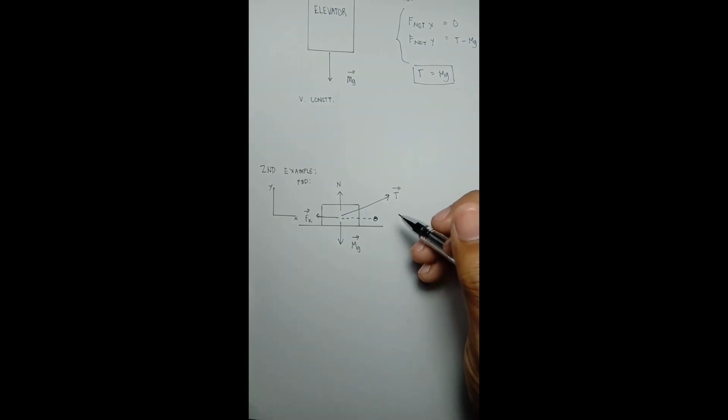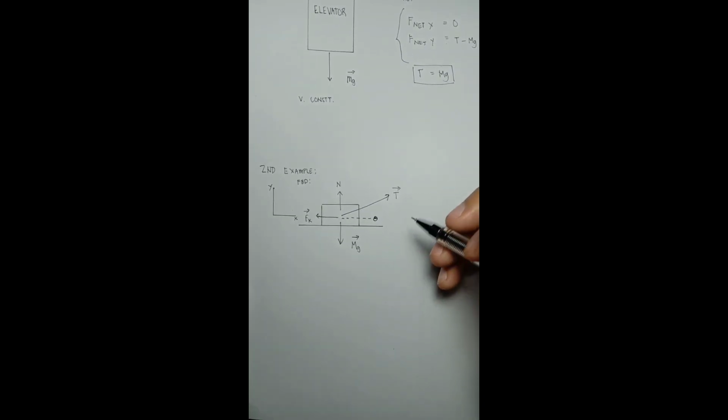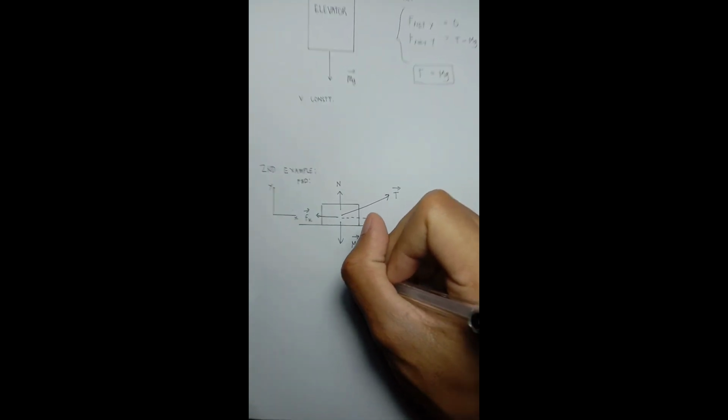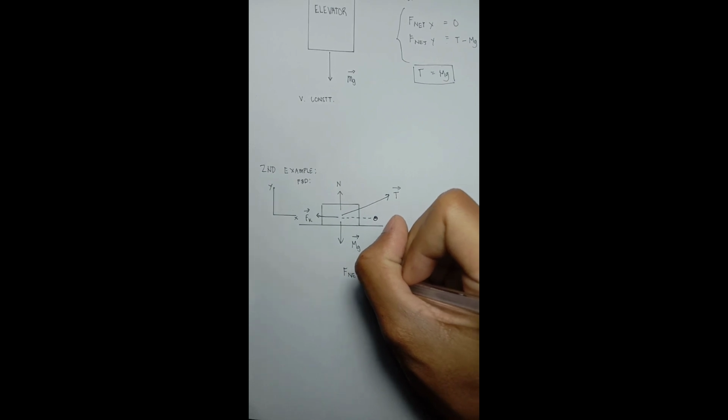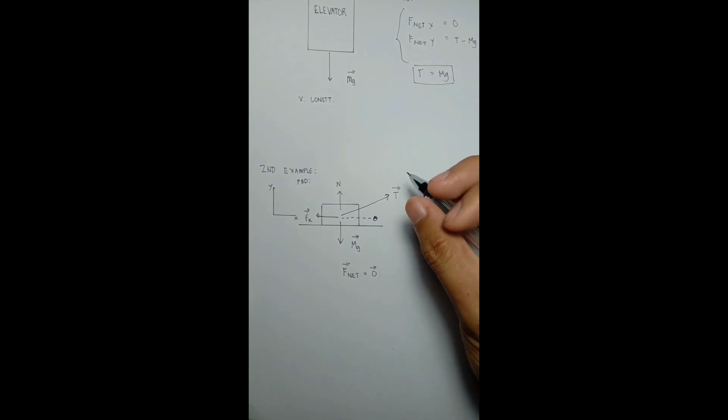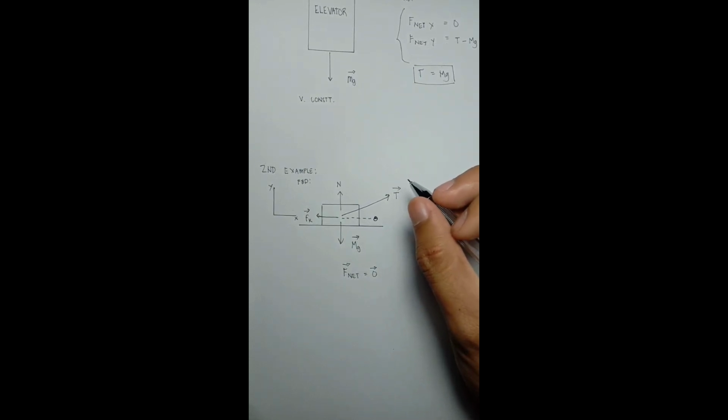At any rate, if it is moving at constant speed to the right, we can still write F net equals 0. And F net equals 0 is a vector equation.